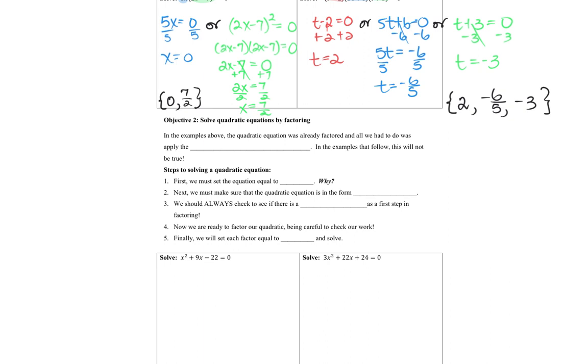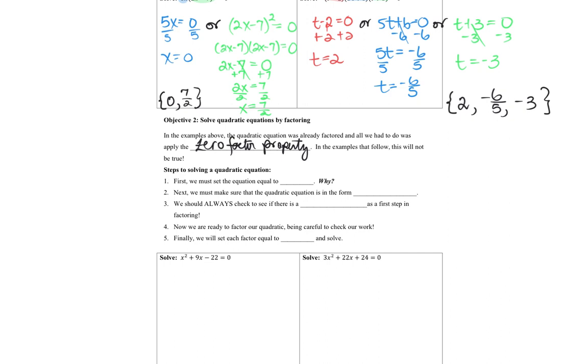So what we're going to have to do now is work to actually factor these quadratic equations so that we can get to the point where we can use the zero factor property. So as I note, in the examples above, the quadratic equation was already factored, and all we had to do was apply the zero factor property.